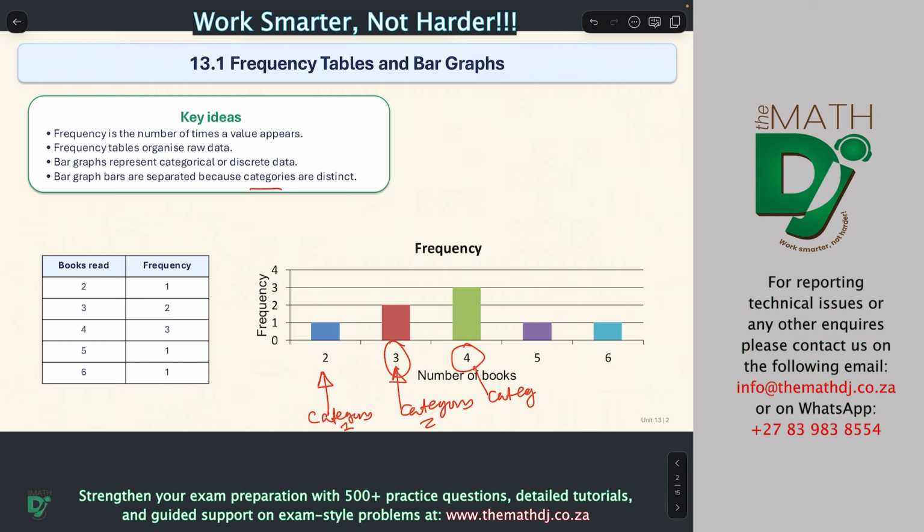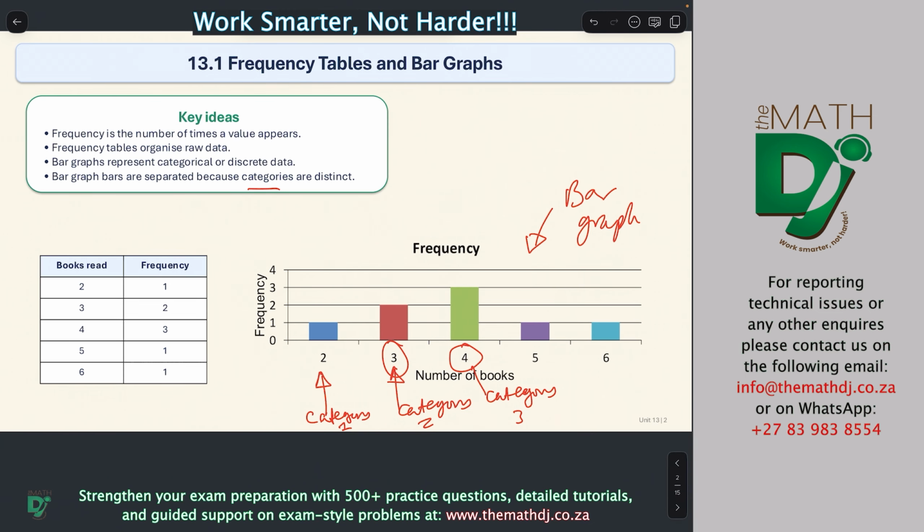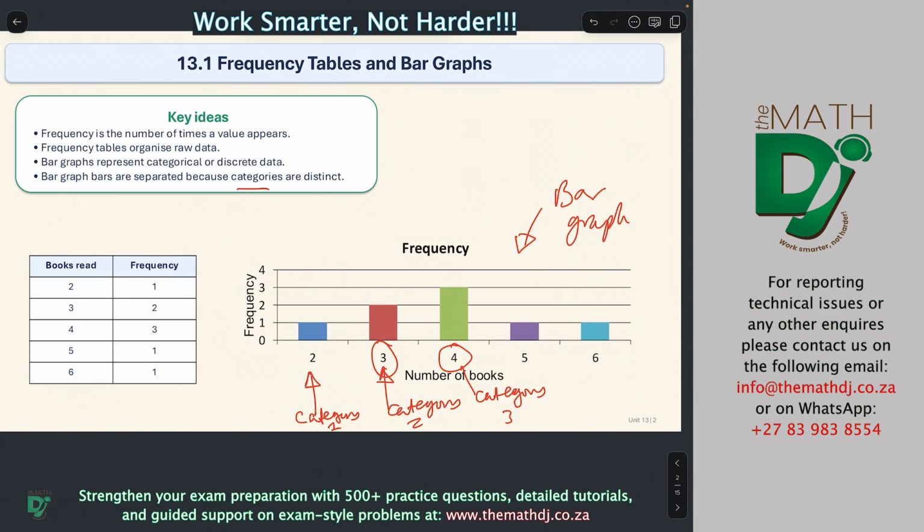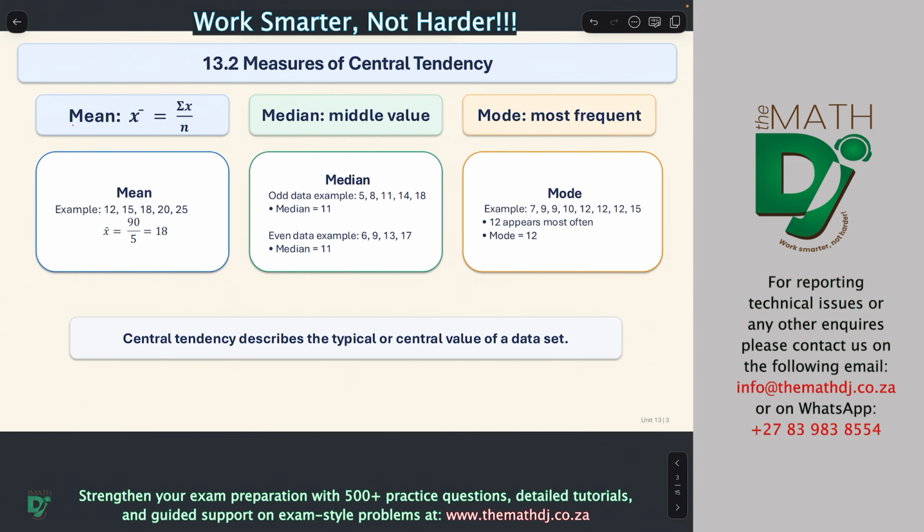It's a category on its own, and so forth. So frequency tables and bar graphs basically represent the same thing, but most people prefer bar graphs because they are nicer and easier to interpret. But let's move on.